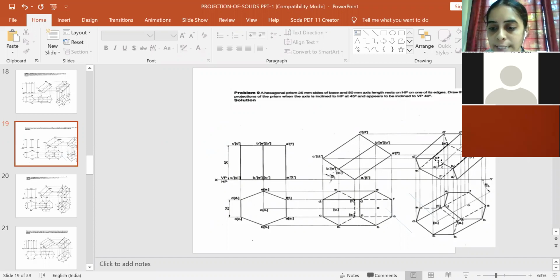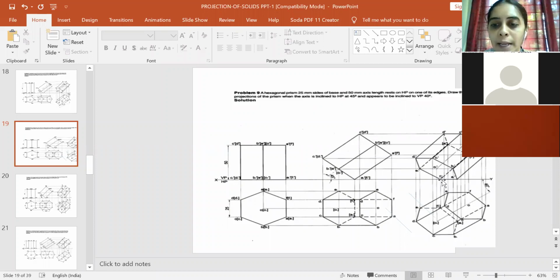So this is our C1 dash. The locus of B1 is meeting B1 dash at this point. So this is our B1 dash. The locus of A1 is meeting A1 dash at this point. So this is our A1 dash. And the locus of F1 is meeting F1 dash at this point. So this is our F1 dash.